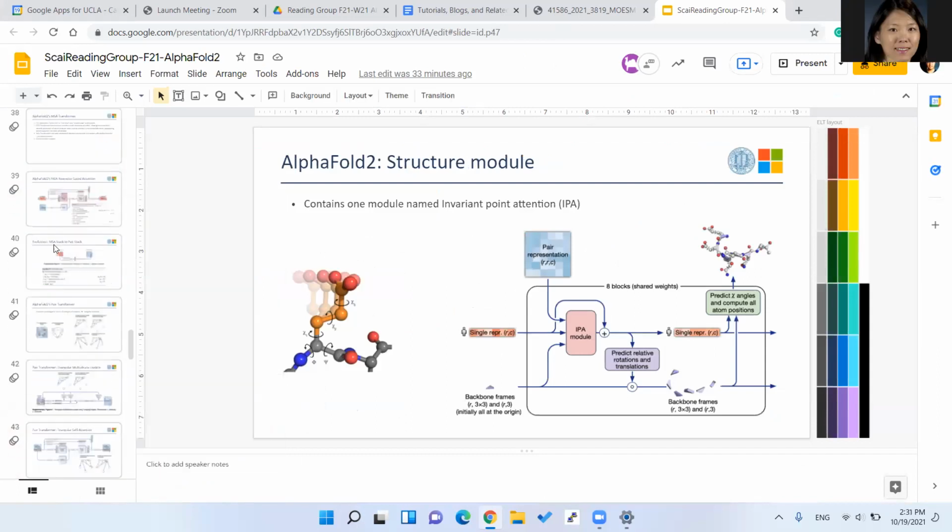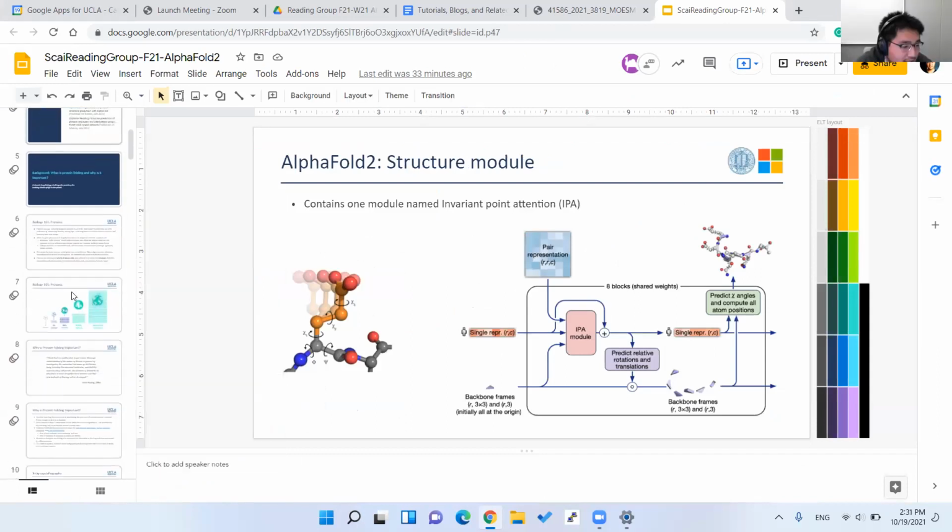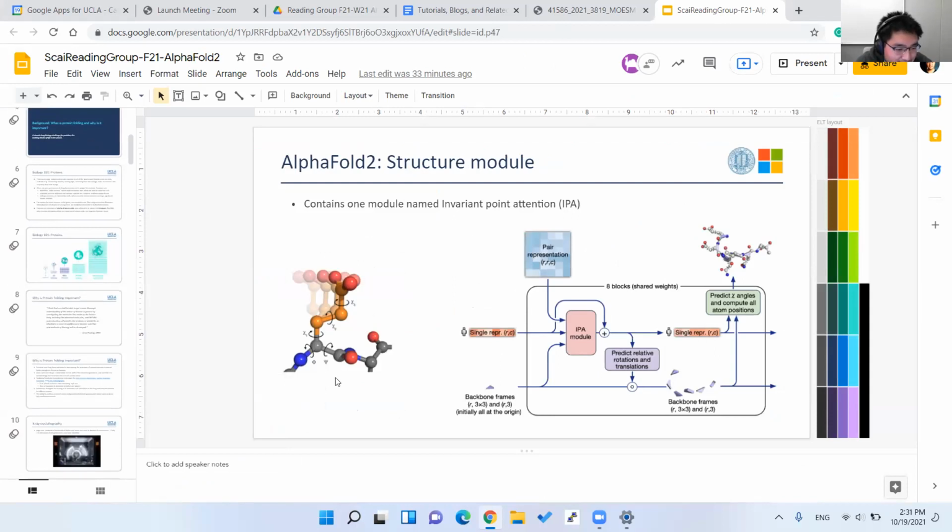I think this one could be helpful: the gray ones are the backbone, the carbon and nitrogen compounds that are connected, and their residual part is the orange part. This is my guess. I'm not sure which amino acid it is, but the gray is the backbone, and the residual part will be on the side.